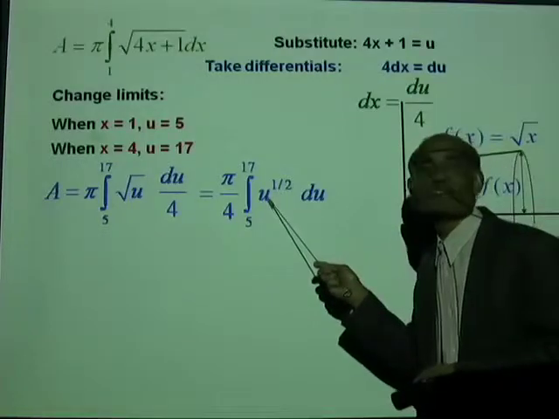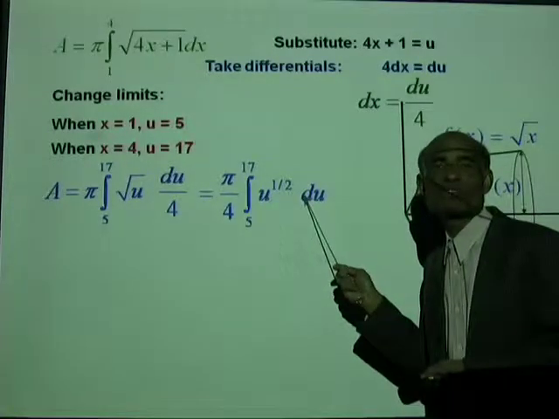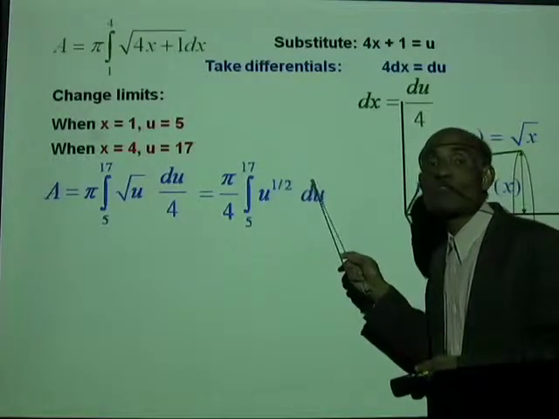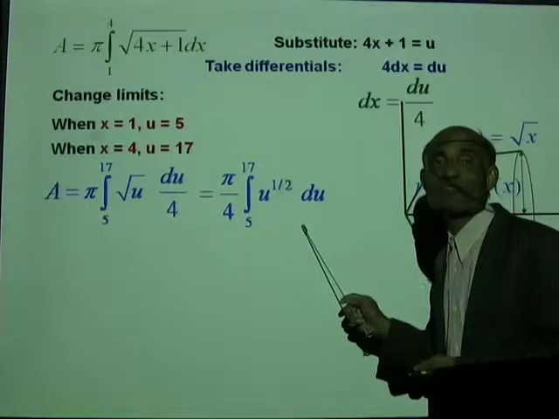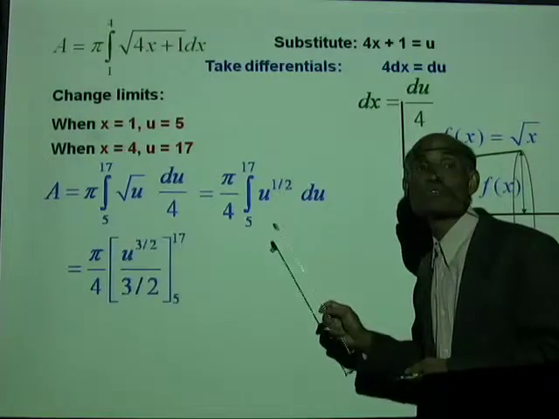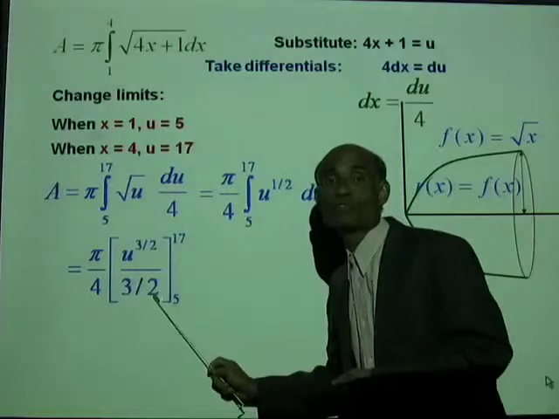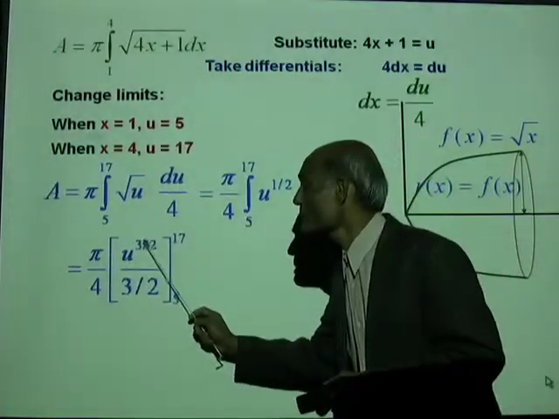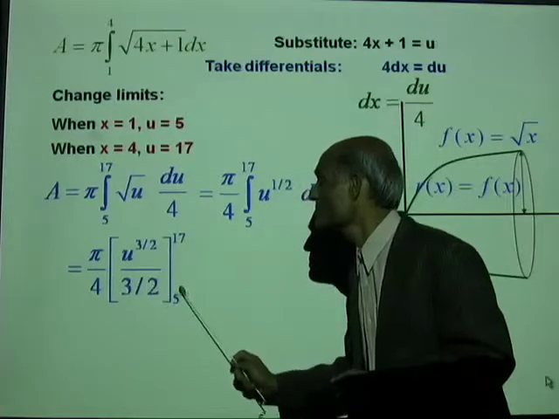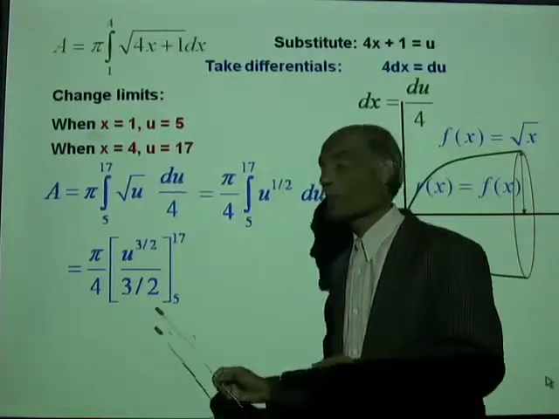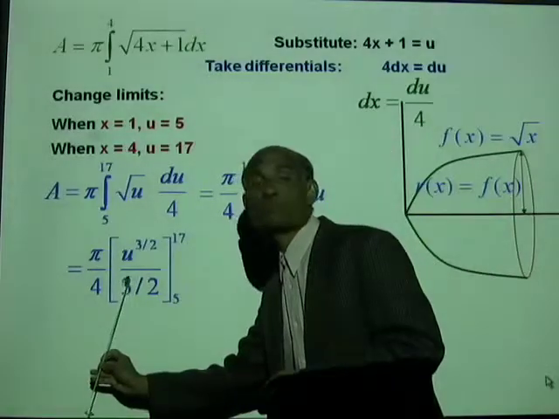You know how to integrate u to the power of 1/2 du. What is that? U to the power of 1/2 plus 1 over 1/2 plus 1, which is u to the power of 3 over 2 over 3 over 2. So pi over 4, u to the power of 3 over 2 over 3 over 2, from u equal to 5 to u equal to 17. Now, look at the way we can simplify this.